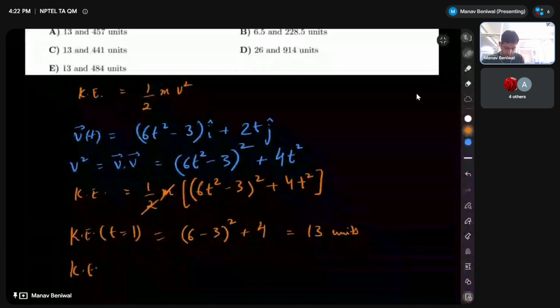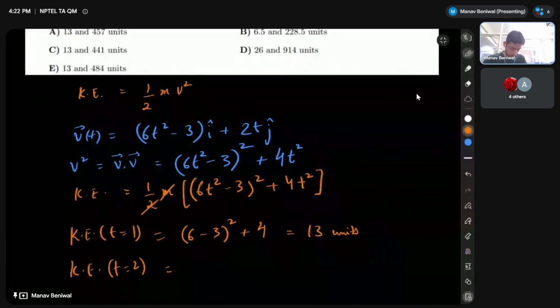And kinetic energy at t equals 2. So this will become 6 times 4, 24, minus 3 squared, plus, and now this 2 squared is again 4, and 16. So this becomes 21 squared, which is 441, plus 16. So 457.